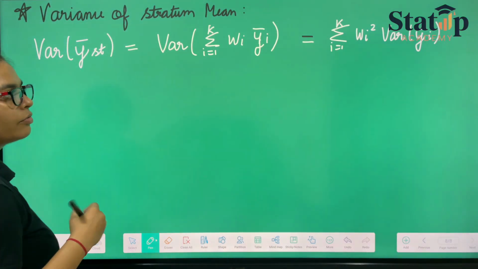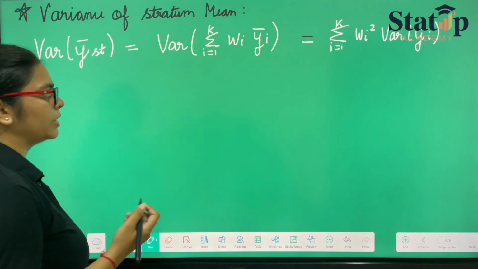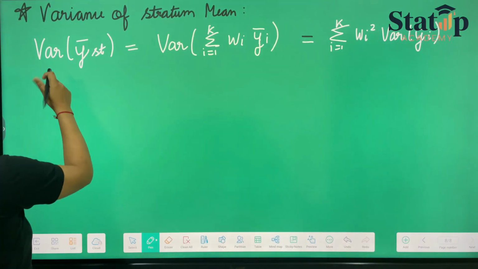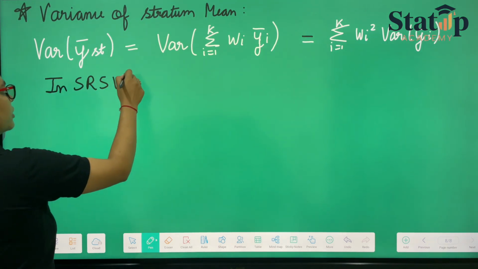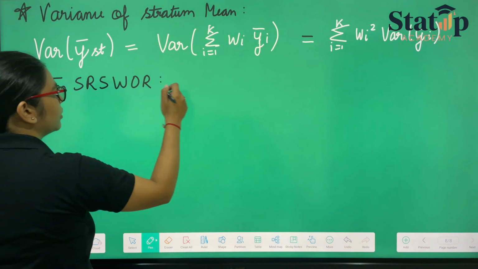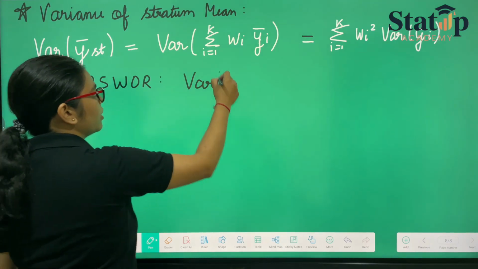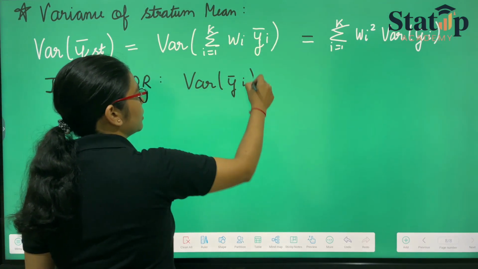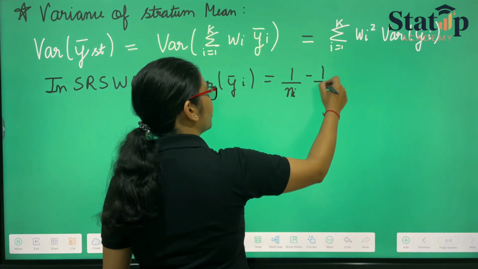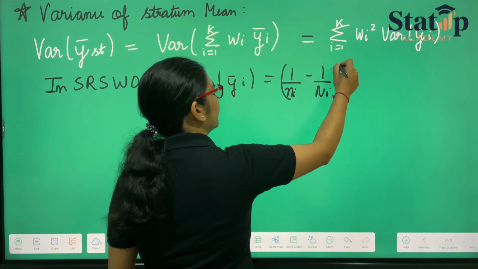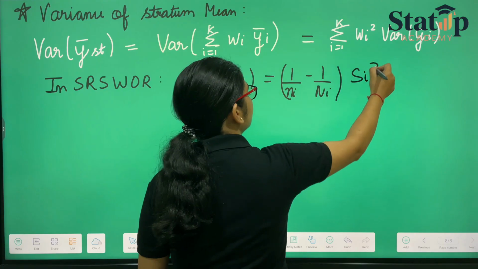So the variance of y bar i from simple random sampling without replacement is nothing but 1 upon small ni minus 1 upon capital Ni into capital Si square.